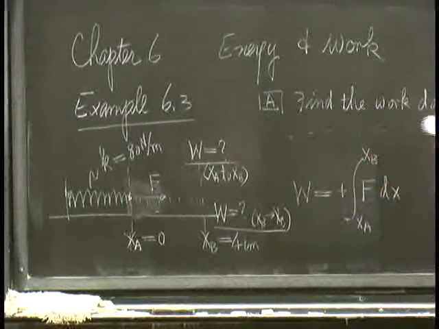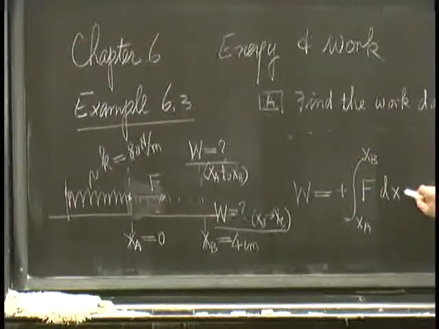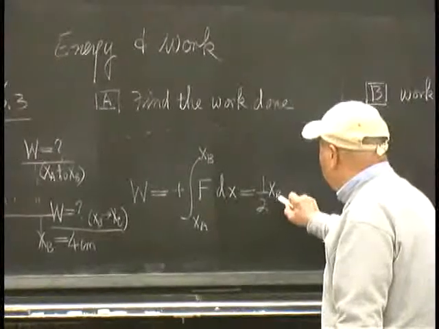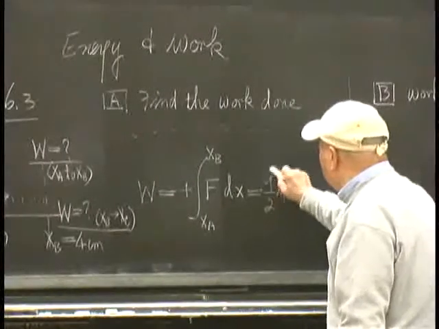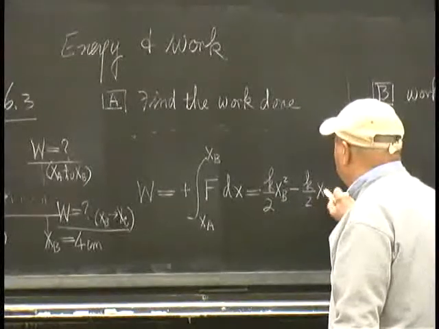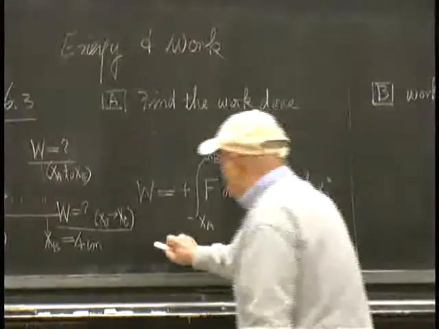After this is done, you have 1/2 K XB squared minus 1/2 K XA squared. Then you substitute.